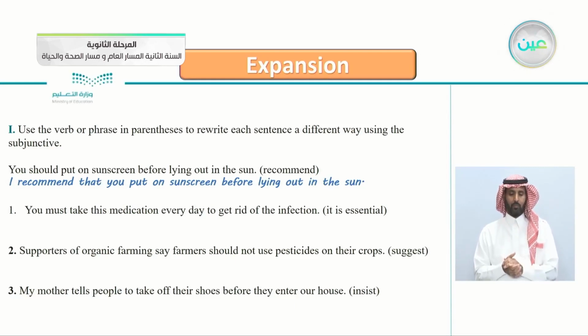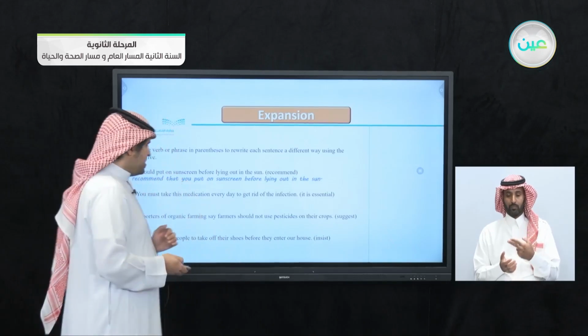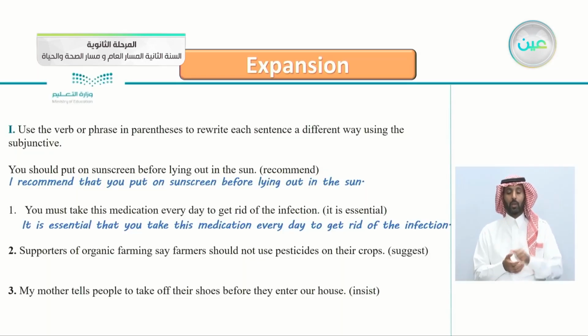We say it is essential that you, paying attention to the order here, as we talked previously. It is essential, this is the subjunctive, that, and you, the subject, then you continue with the base form and on with the sentence. Again, it is essential that you take this medication every day to get rid of the infection.